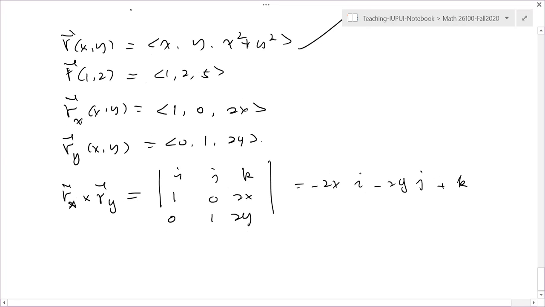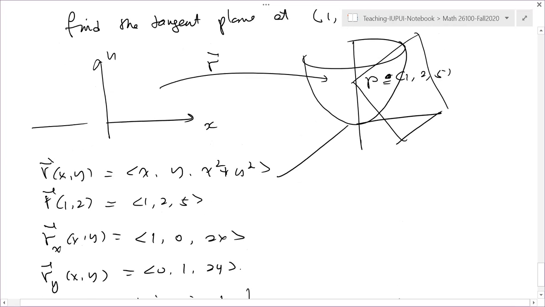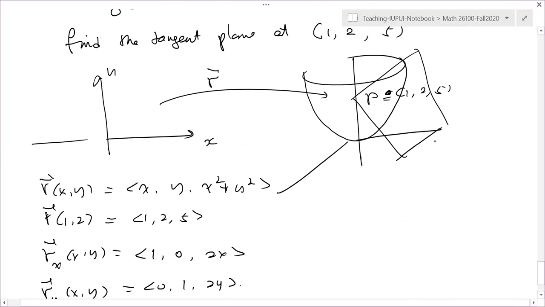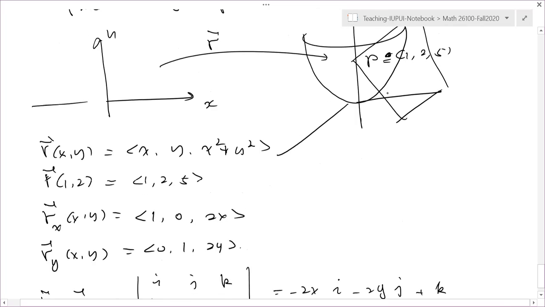So let's look at the picture. How does it look?